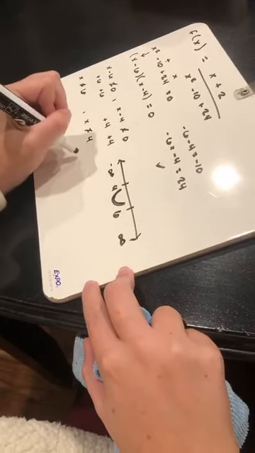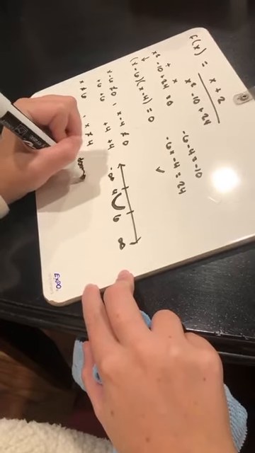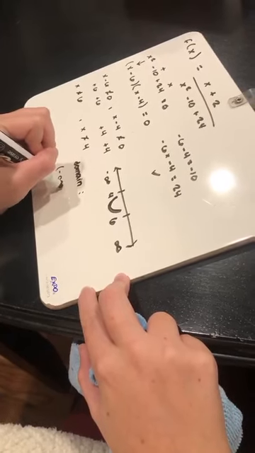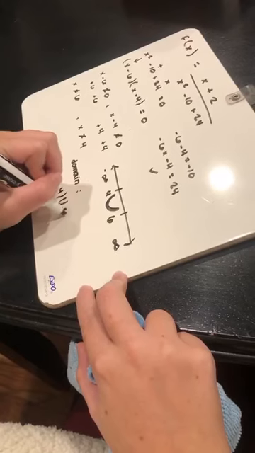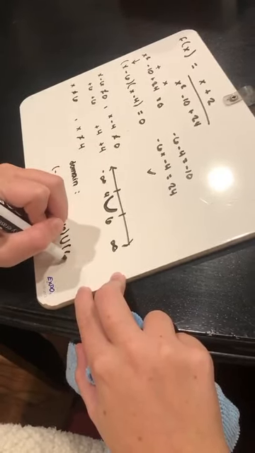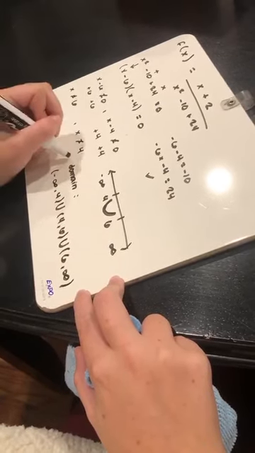So when we write this out, we have domain: negative infinity, comma 4, union, 4, comma 6, union, 6, comma infinity. And there you have it.